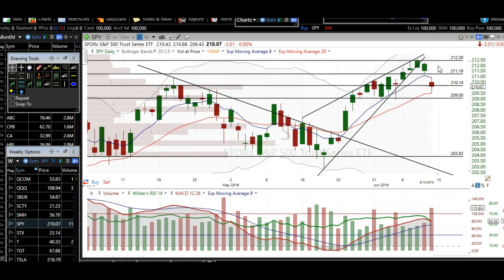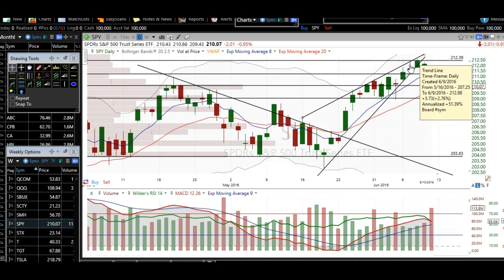So we're seeing a little bit of weakness under the hood of the S&P 500. So just be aware of that. And if you want to look at all those charts yourself, I would highly recommend it, and you can get a really good feel for the pulse of the market, and you can see where the market is headed with greater certainty than just looking at the S&P 500.